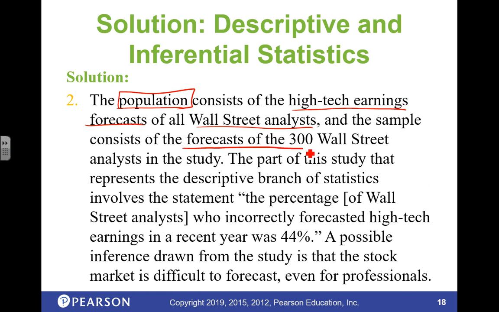We're specifically looking at 300 of those analysts for this study. So the part of this that represents the descriptive part of statistics is the 44%. That's describing our data. 44% for those who incorrectly forecasted earnings. So this is the descriptive part because this describes.